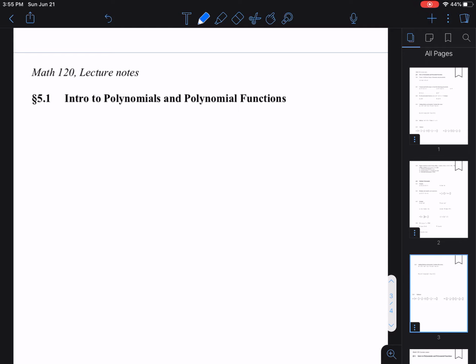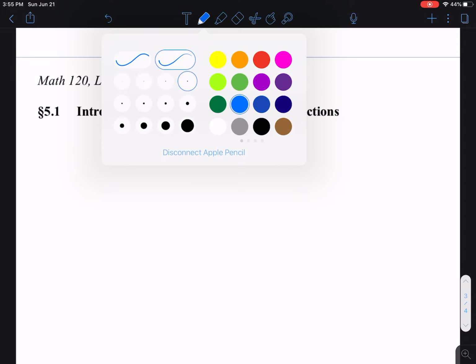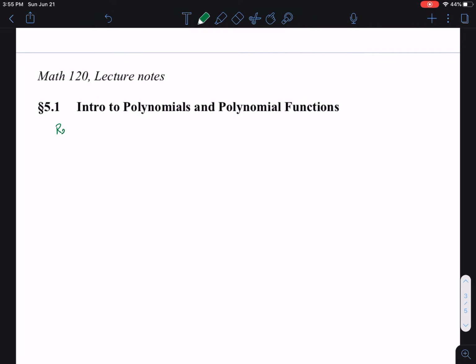So in this video, we're going to briefly introduce polynomials and how we add and subtract polynomials. Before this lesson, we introduced algebraic expressions.